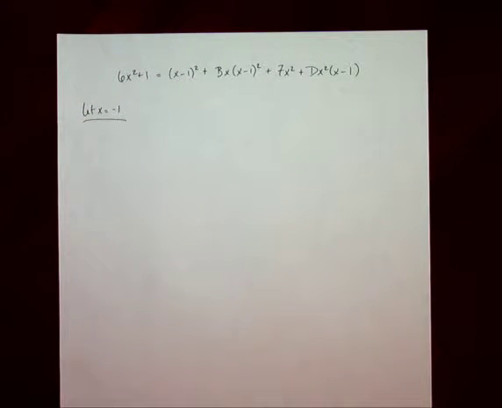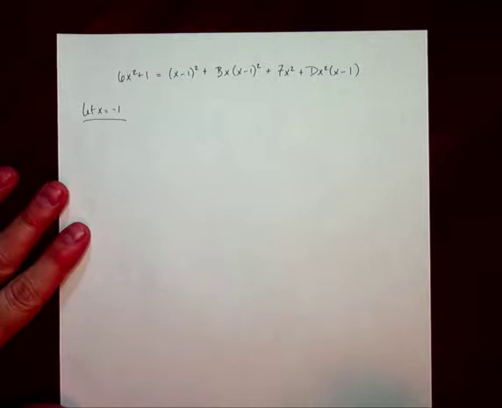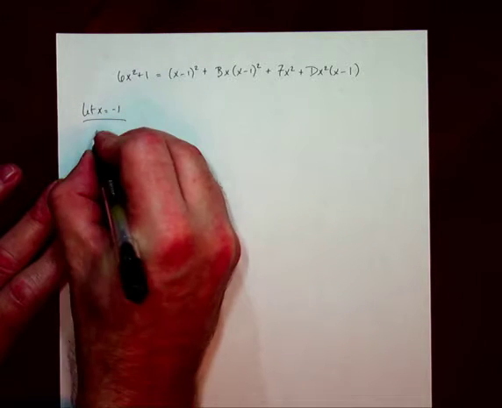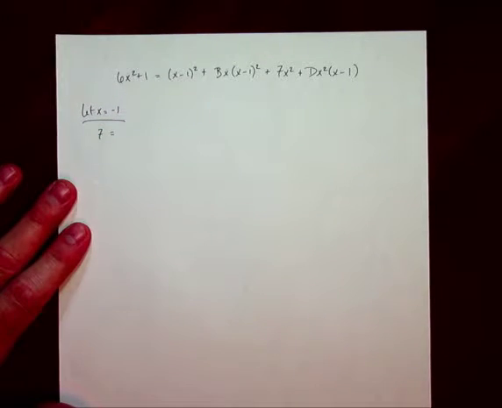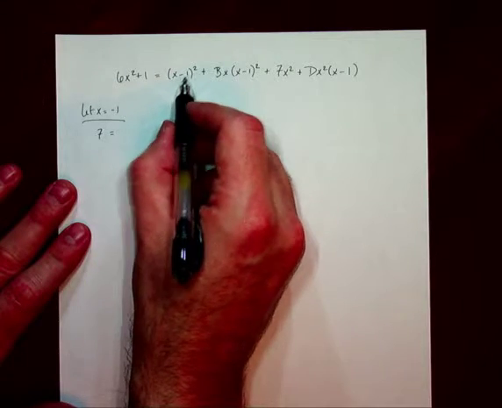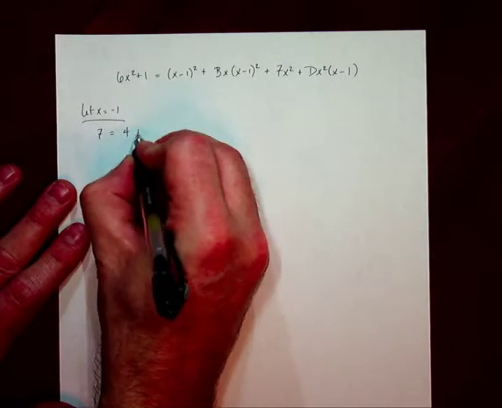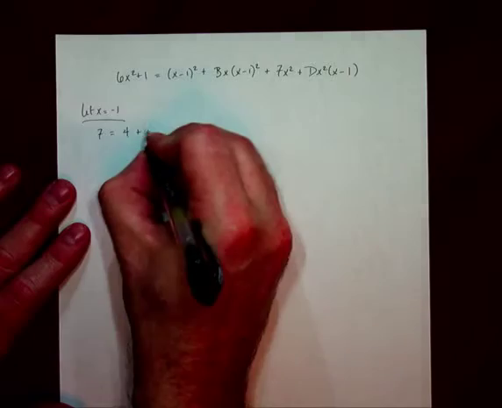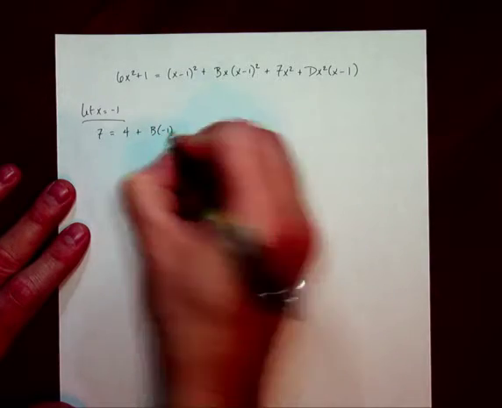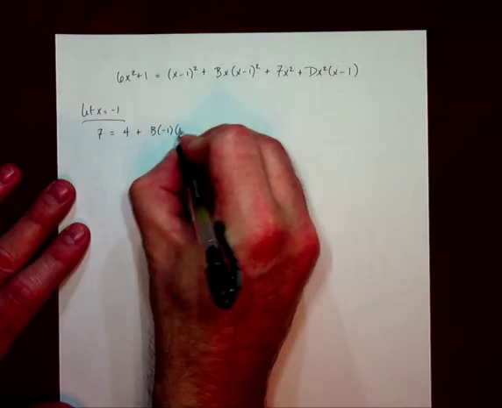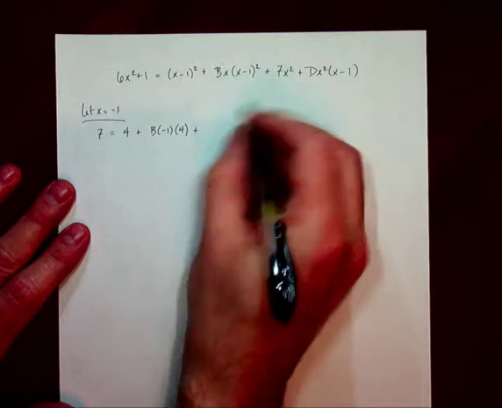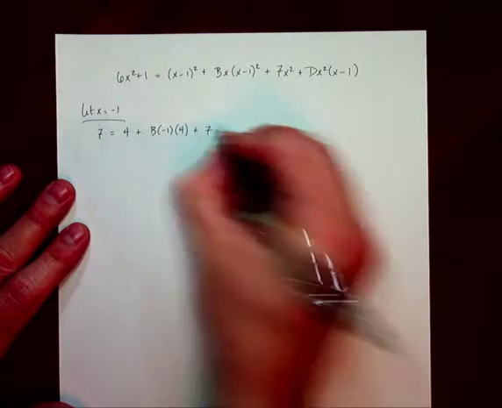Okay, well, if x is equal to negative 1, I'm going to get 7 over here, right? That's going to become negative 2 squared. That's still 4. That's going to be b times negative 1. That's going to still be 4. And we're going to have negative 1 squared here, so that's going to be 7.